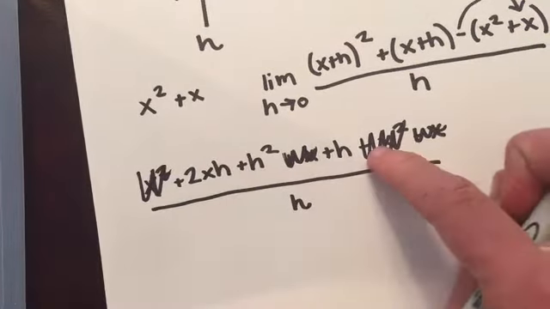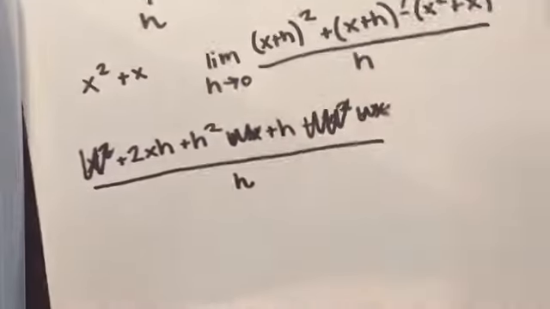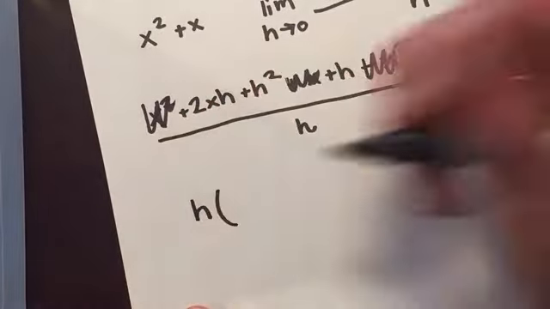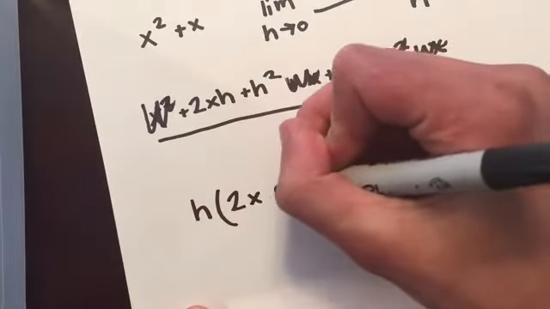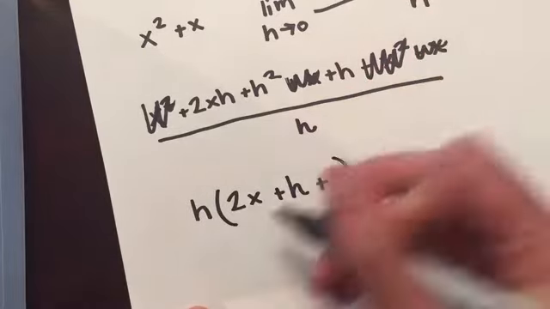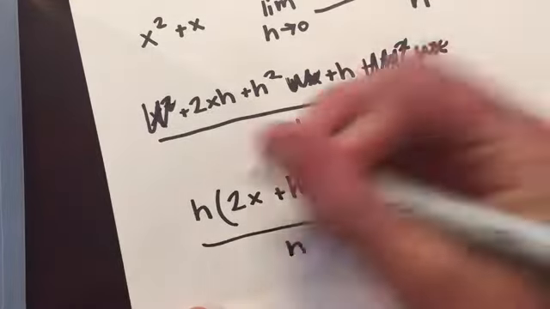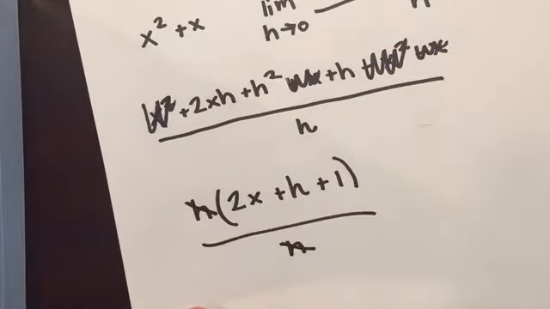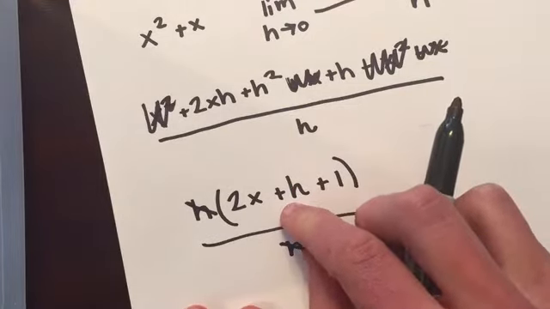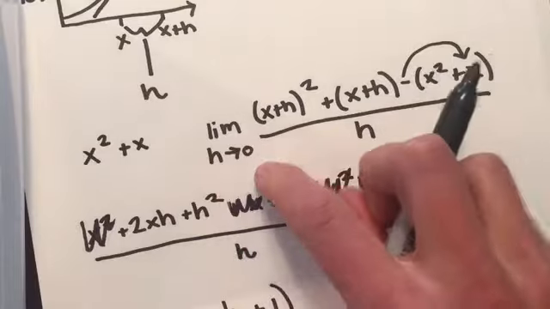So all these terms have an h in them, so we're going to factor out an h. So h times 2x plus h plus 1, all over h. So this will help us cancel out here. So now our equation is 2x plus h plus 1, and our limit is as h approaches 0. So we're going to plug 0 in for h.